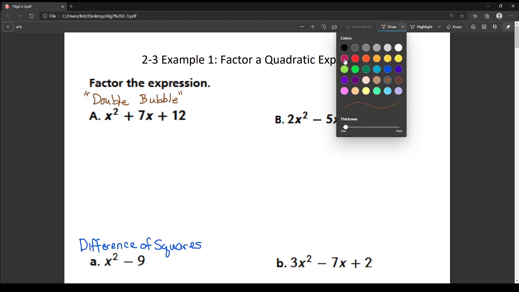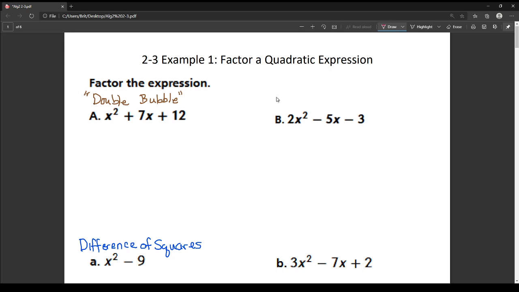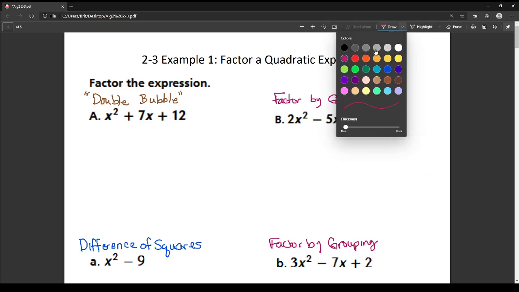When a is not 1, I'm going to factor by grouping. When the b term's missing, I use a difference of squares, and then this one's also factored by grouping. So now we've identified what type of factoring we're going to use. Let's go ahead and get started.